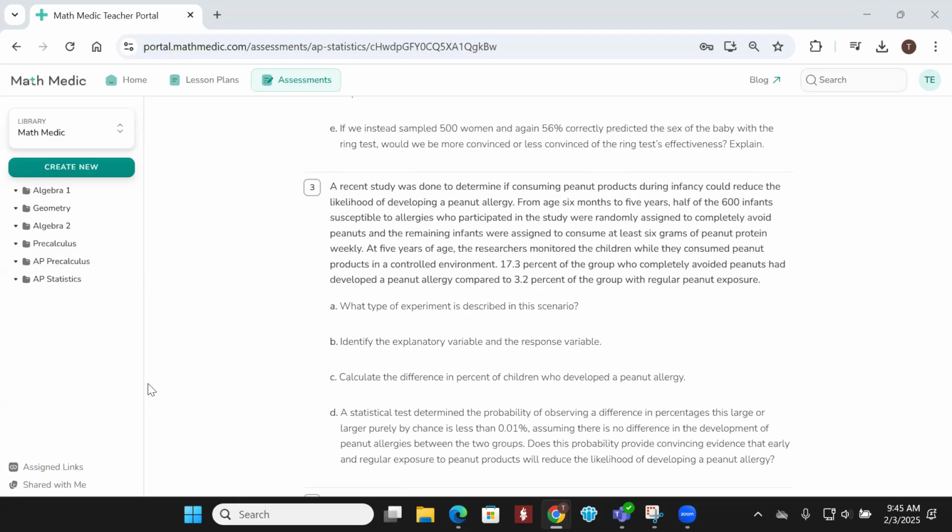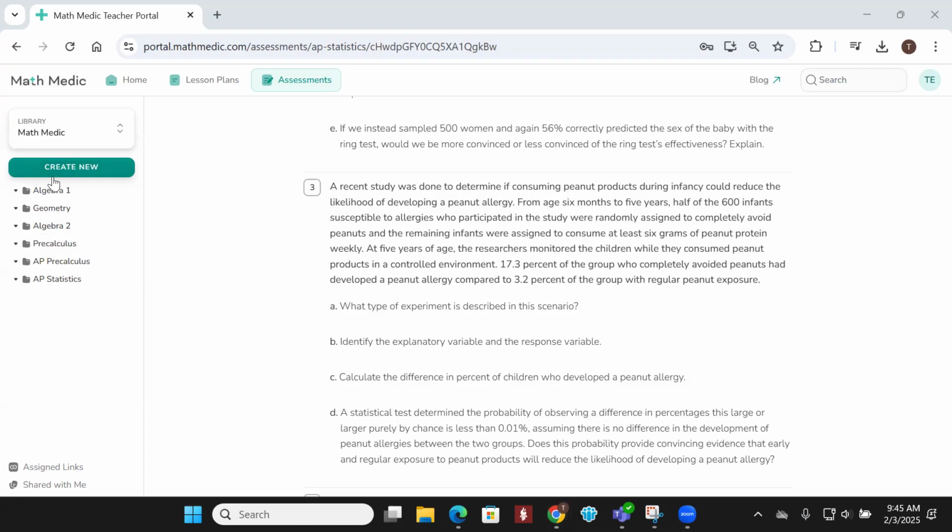Longitudinal. Interesting. So is it random? Were they assigned randomly, right? Convenience sample?